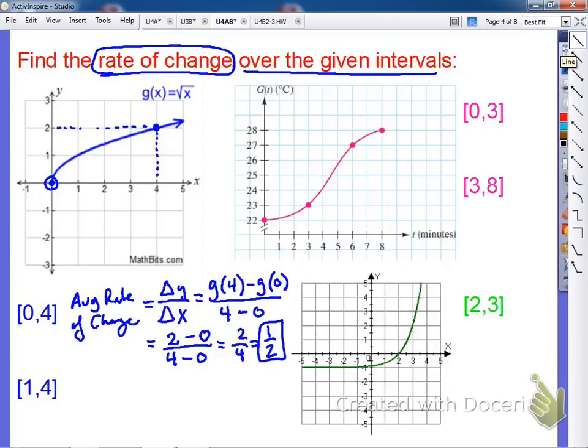Now, by the way, if I took this line right here, which is known as the secant line, what is the slope of that line? What's the rise over the run? So what's the rise? It's up 2. The rise is 2. The run is 4. Understood? Okay.